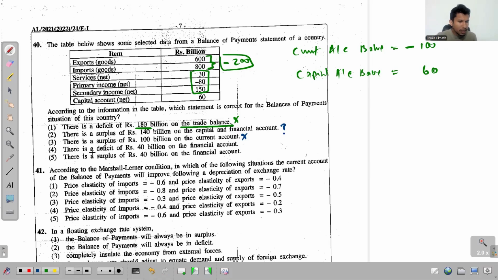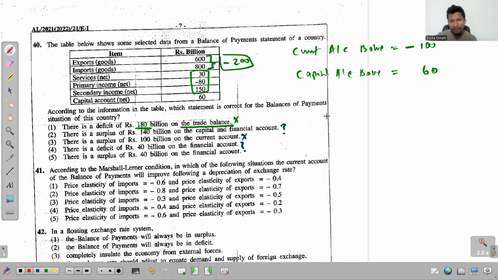The fourth one says there's a deficit of 40 billion on the financial account. I don't have the financial account balance. Since I can't select the answer from the second, fourth, and the fifth options, the best thing is to calculate the financial account balance. So what's the equation that we use to calculate this?